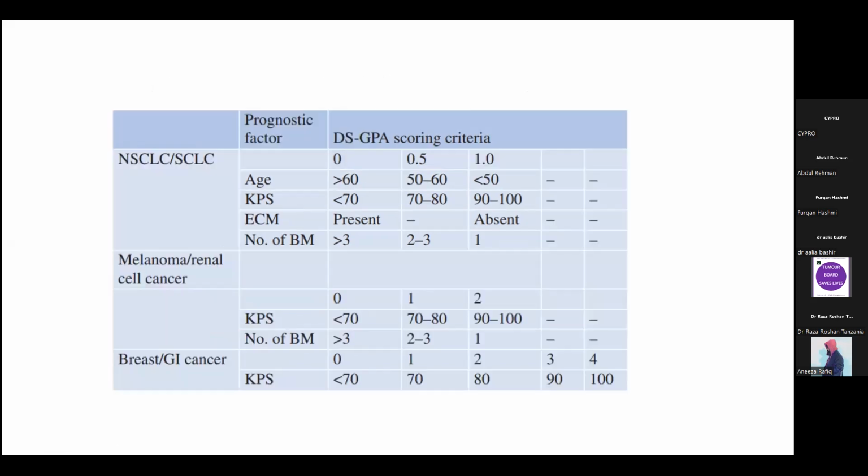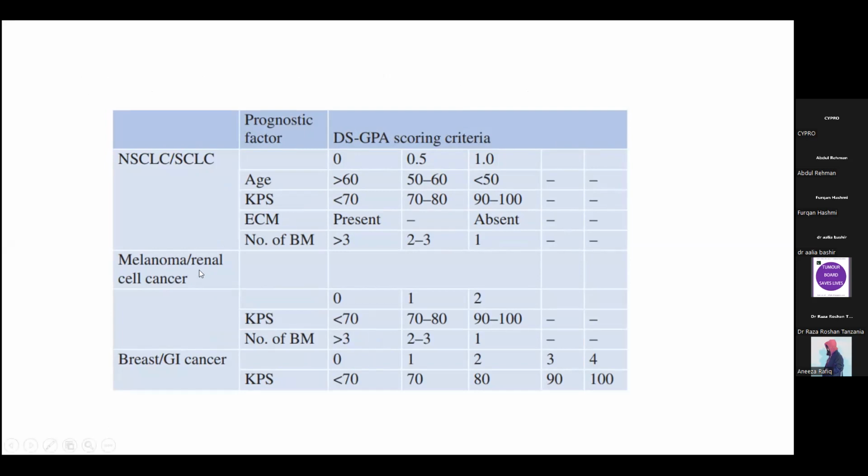So later on, they developed one more prognostic criteria, and it was basically disease specific. And of course, based on the disease criteria and development of targeted therapy, there is some change, and these patients were having better survival.